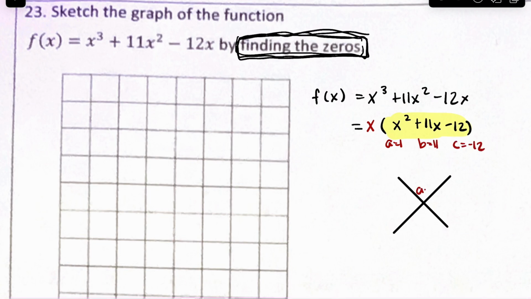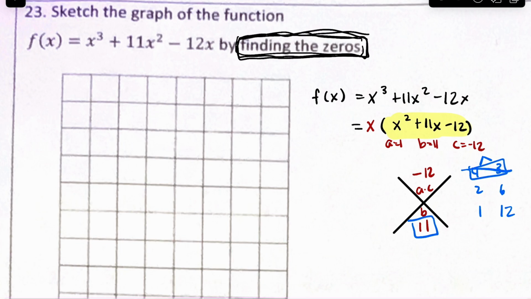We know on top is a times c, and b is on the bottom. So we have negative 12 on top, 11 here. So let's figure out what multiplies to 12. We know it's 4 times 3, 2 times 6, 1 times 12. We need to figure out which one would add up to 11.